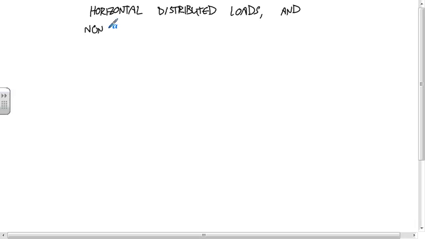So now we're going to talk about horizontal distributed loads, and relatedly, non-horizontal beams.